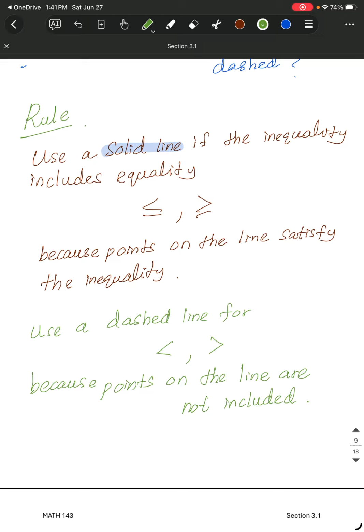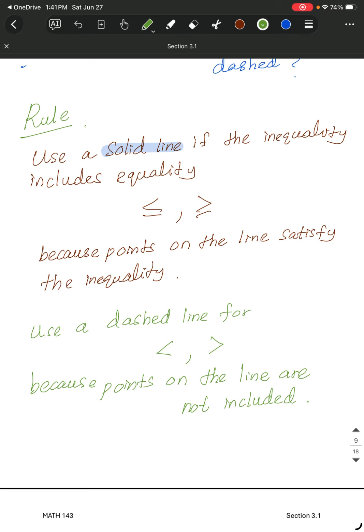So use the solid line if the inequality includes the equality. Use the dashed line if the inequality is just less than or greater than, where the equality sign is not included.